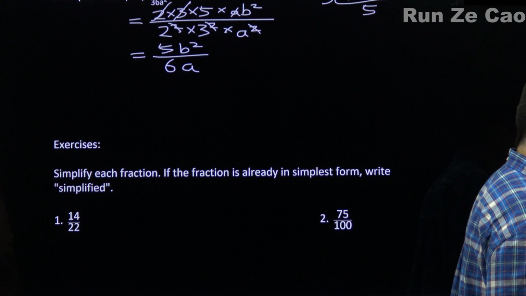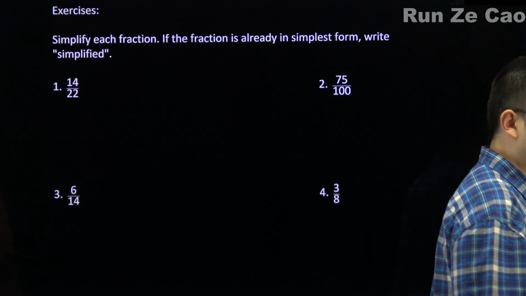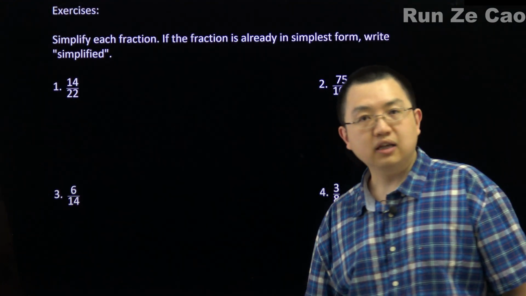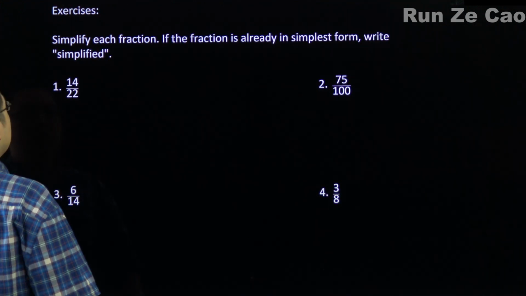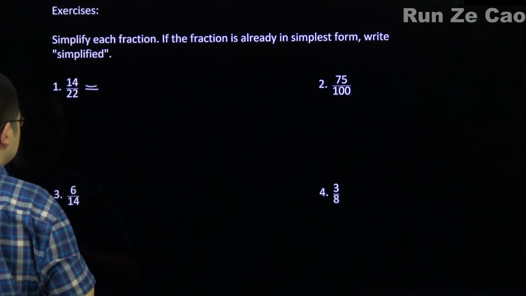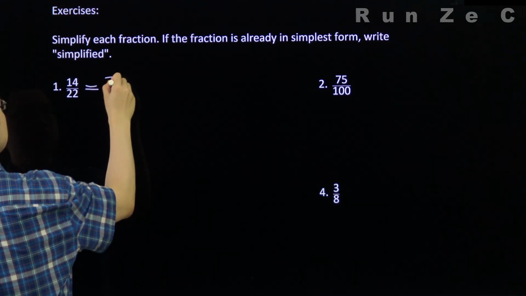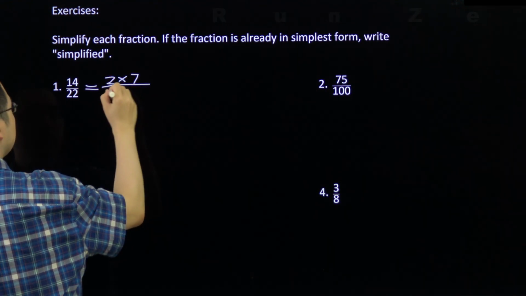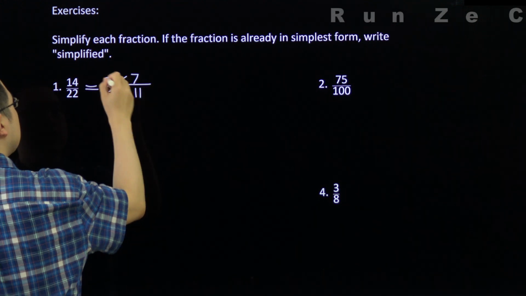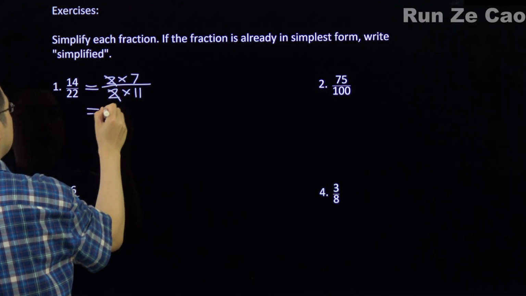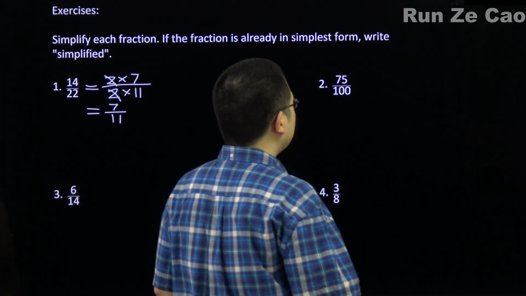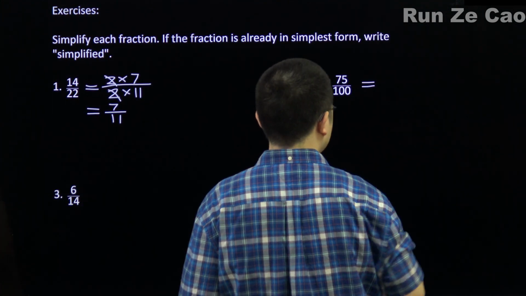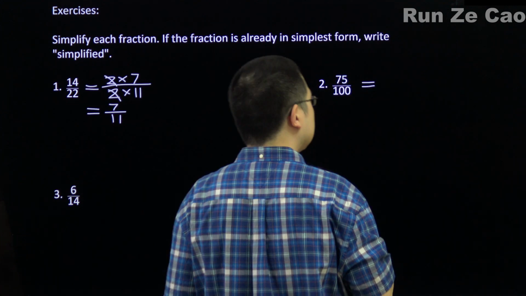Alright, exercises. Simplify each fraction. If it's already in simplest form, write simplified. Well, 14 over 22 is equal to 2 by 7 over 2 by 11. So we can cancel and get 7 over 11. 75 over 100 is 3 by 25.